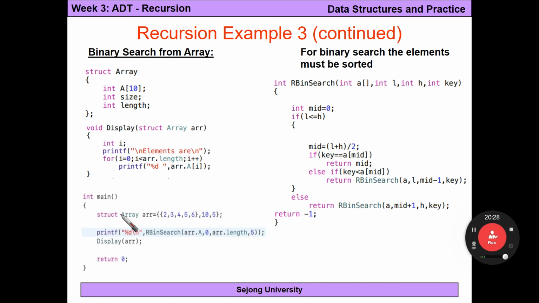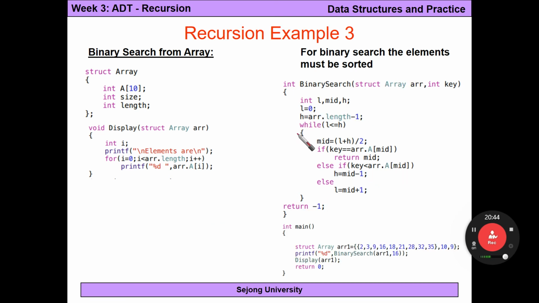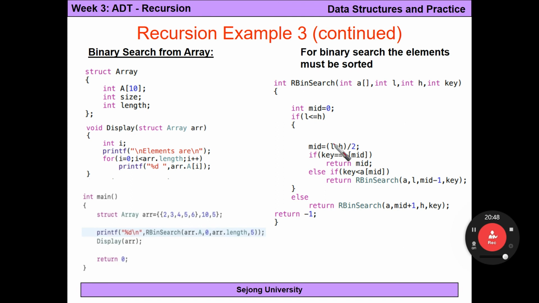So this is the difference compared to the previous one. And here is our recursive function, and here it is calling itself again and again. Before, we applied the iterative approach, and now here is the recursive approach. The method of calculating and searching the binary element is the same.